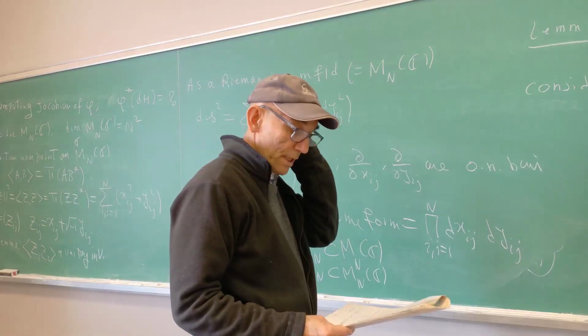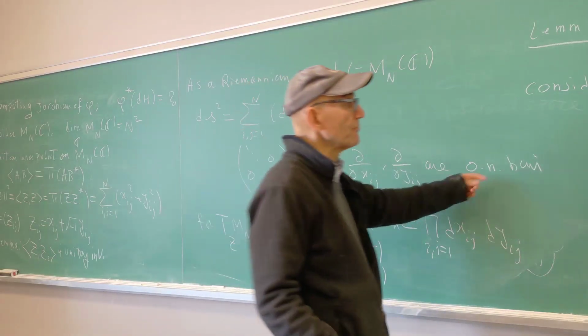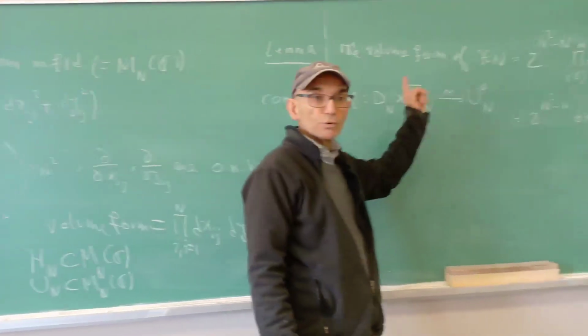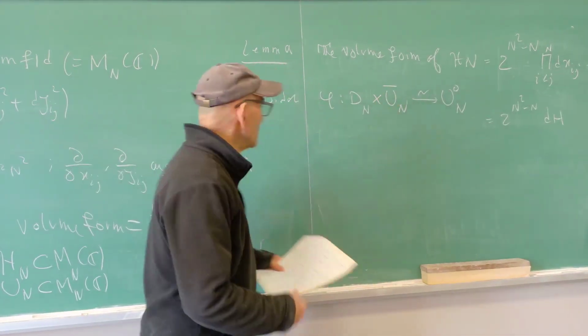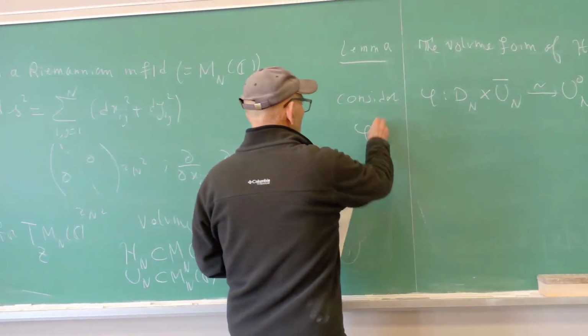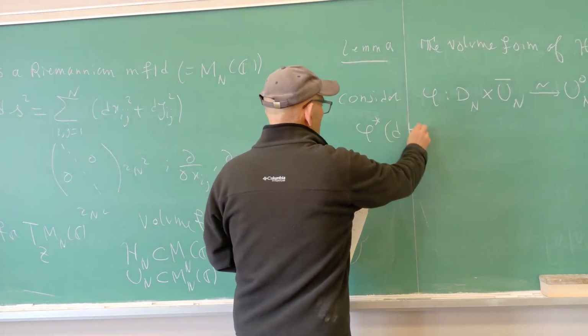So yeah, now we want to compute the pullback of the volume form here to something here. So we want to compute phi star of dH.